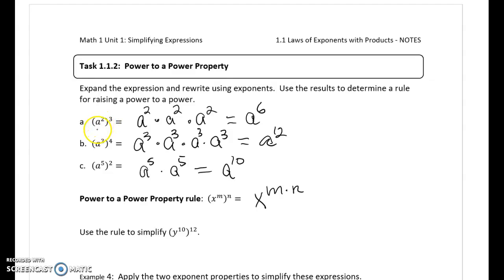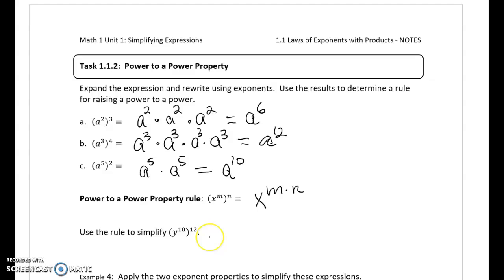Using this rule, we keep this base of a for our answer, and then we multiply the 2 exponents. 2 times 3 is 6. Keep the base of a, multiply 3 times 4 is 12. Again, when we're putting an exponent to an exponential expression, we keep that base, and we multiply the exponents.